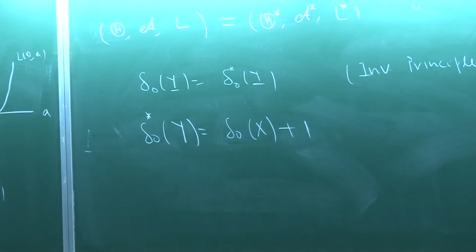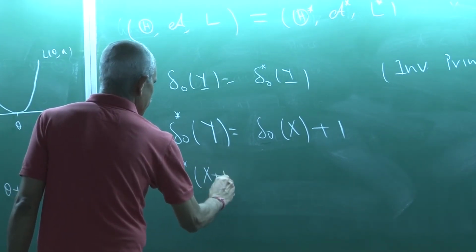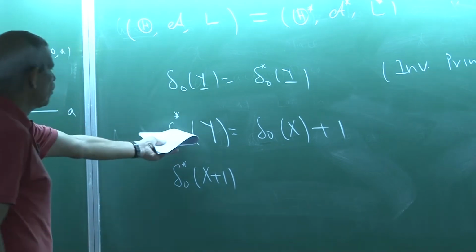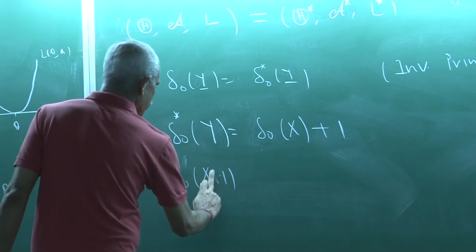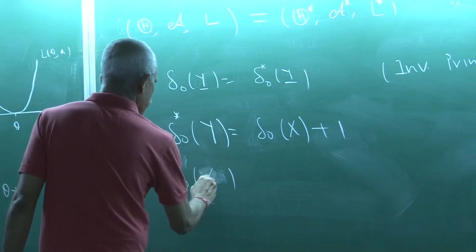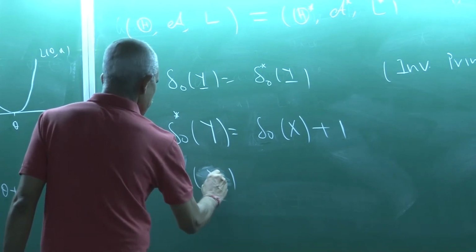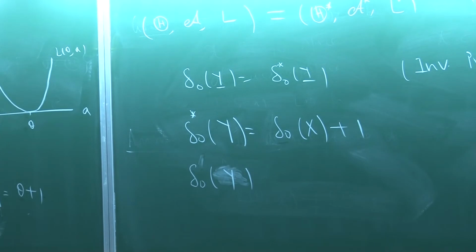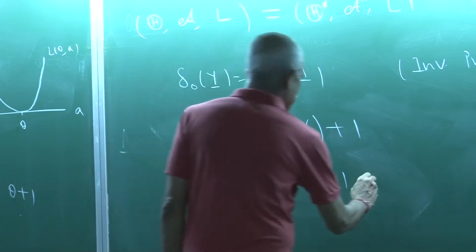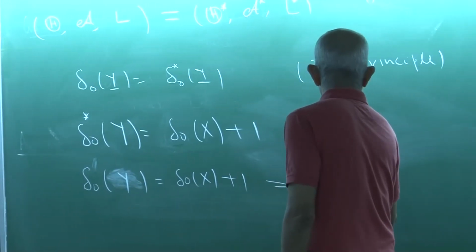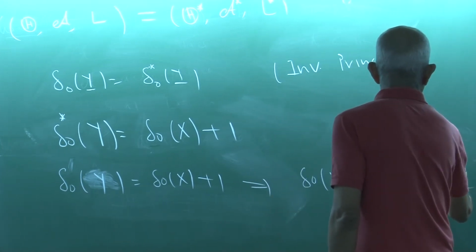So what do you get? You get delta naught star of x plus 1, and since delta naught star should be same as delta naught of x, delta naught star y should be same as delta naught of y, which should be same as delta naught of x plus 1.